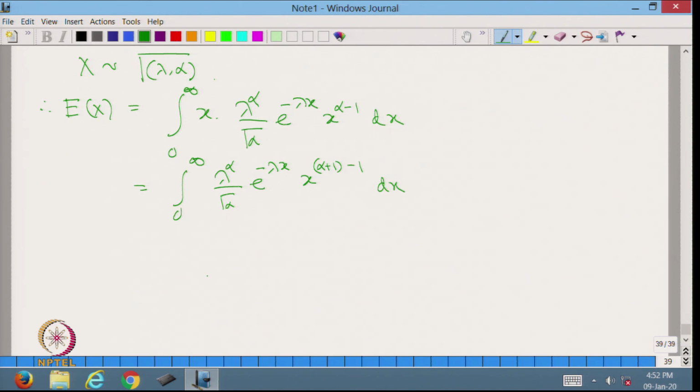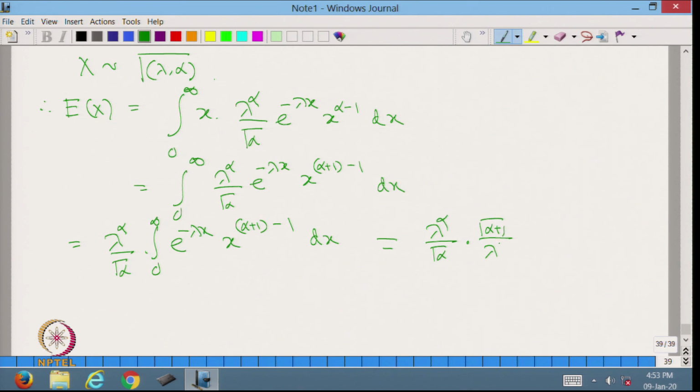Therefore, this is going to be lambda power alpha upon gamma alpha. If we take out, then what we have is integral 0 to infinity e to the power minus lambda x, x to the power alpha plus 1 minus 1 dx, and we know that this integration will lead to gamma alpha plus 1 upon lambda power alpha plus 1, which is equal to lambda power alpha upon gamma alpha.